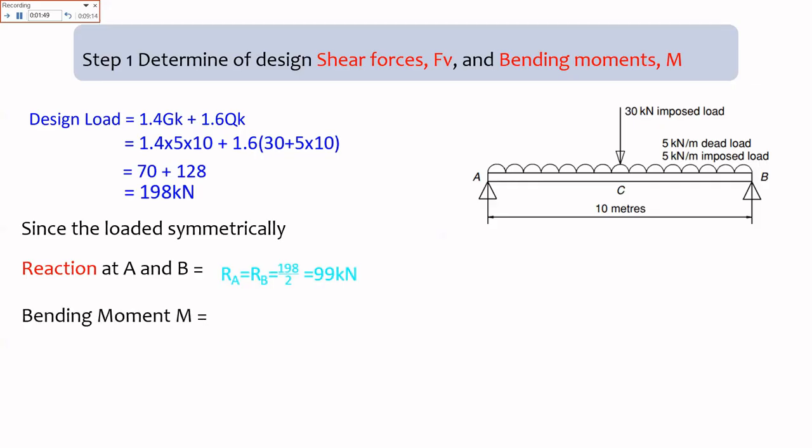Next, we calculate the bending moment M. Remember the formula for calculating M: we have two loading systems, the point load and the UDL. It's WL over 4 for the point load, and this formula here is for the UDL, the uniformly distributed load. If we work that out, we get 48.